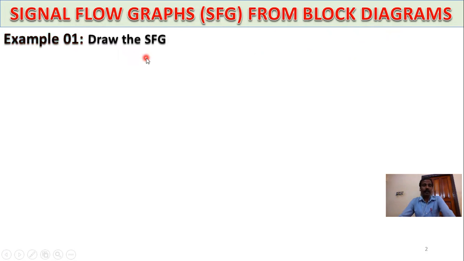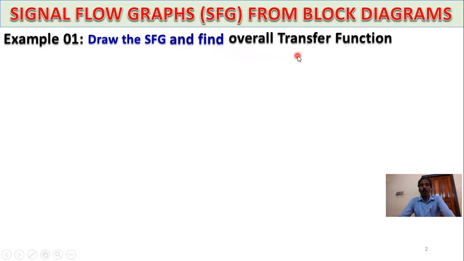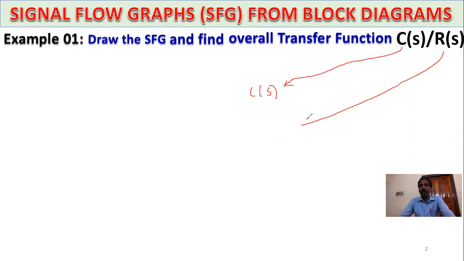Example 1. Draw the signal flow graph and find the overall transfer function C(s) by R(s), where C(s) equals the controlled output or effect, and R(s) equals the reference input or cause or excitation.